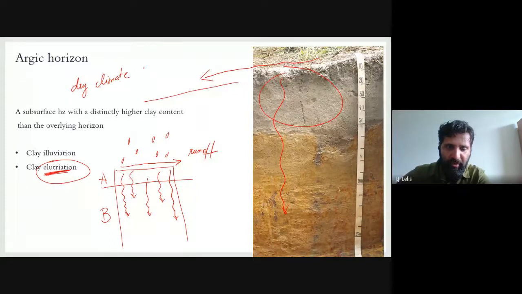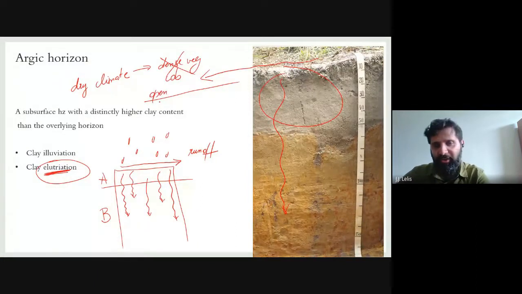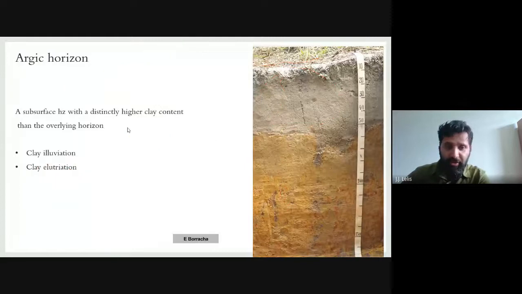Okay, no problem. But when we have a dry climate, we generally don't have a dense vegetation cover, but we have an open vegetation cover. So when we have open vegetation cover, we have a lot of soil that is exposed. And when we have a lot of soil that is exposed, we could register the splash effect.